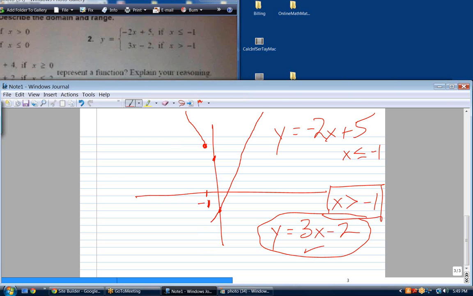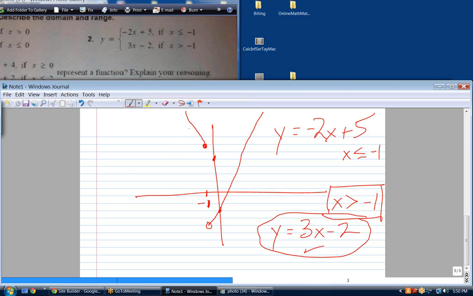But I'm only going to take it to -1 right there with an open circle, because it's only when it's greater than -1, not greater than or equal to. So there's our combined graph.